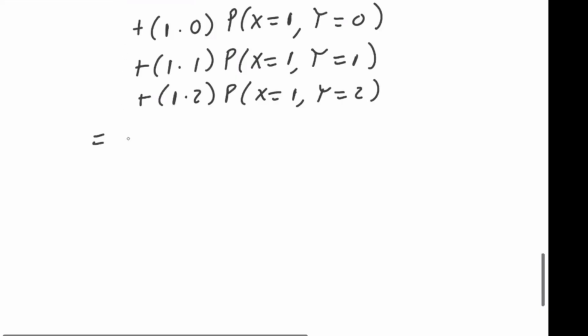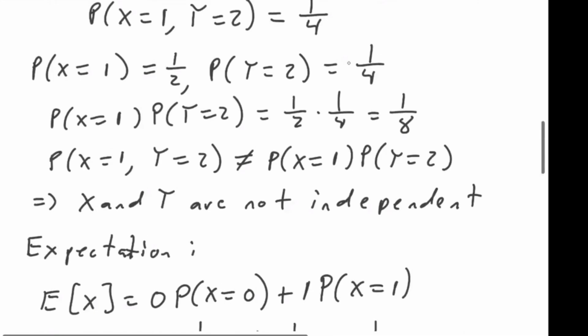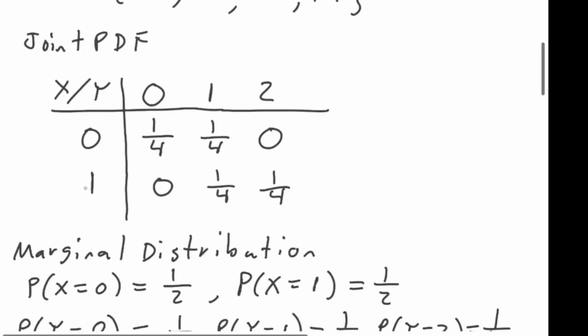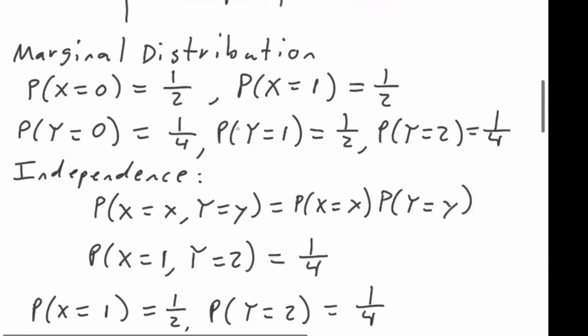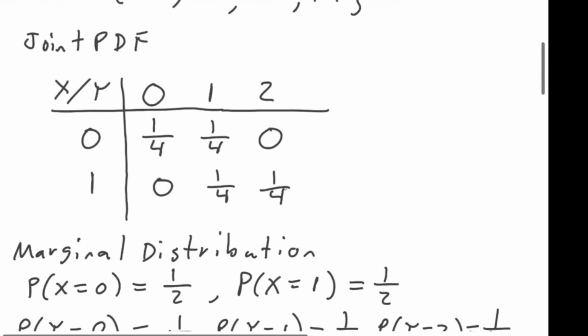So it's going to be 1 times, now what was the probability that x is equal to 1, y is equal to 1? So a fourth, plus, and then 1 times 2 is 2, times the probability that x is equal to 1, y is equal to 2, a fourth.